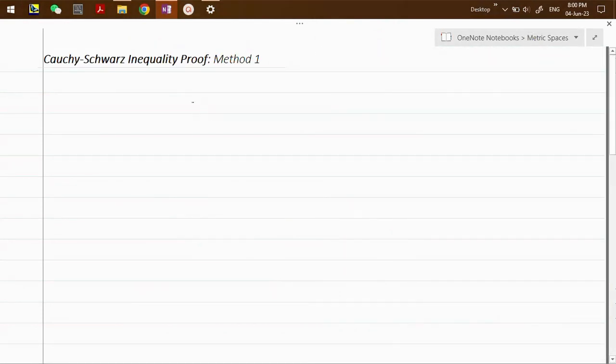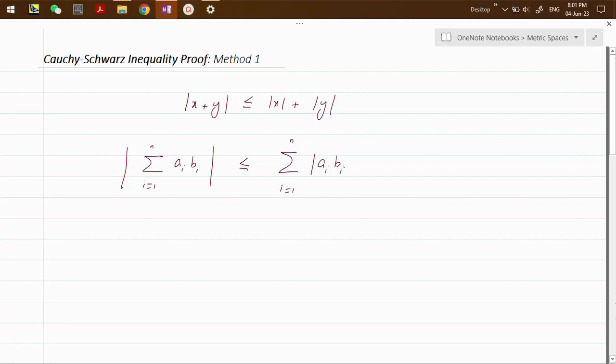In the system of real numbers, we know that for all x, y belonging to the set of real numbers, mod of x plus y is less than or equal to mod of x plus mod of y. So by using this inequality, mod of summation i from 1 to n ai bi should be less than or equal to summation i from 1 to n mod of ai bi.